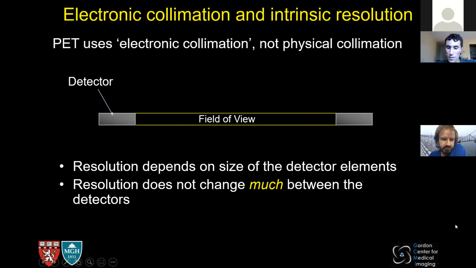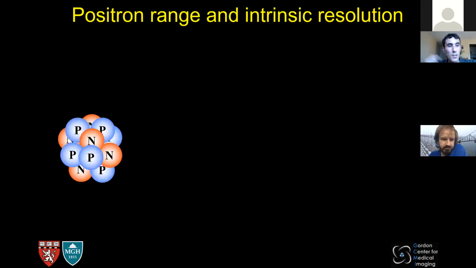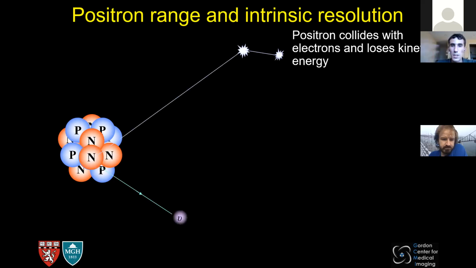There are, however, many other factors that are going to contribute to your spatial resolution in PET, and many of them are due to the physics of positron emission and annihilation. For instance, the positron range. As you may recall, when the extra proton in the radionuclide is converting to a neutron, you're going to have your neutrino, et cetera, emitted, and also the positron.